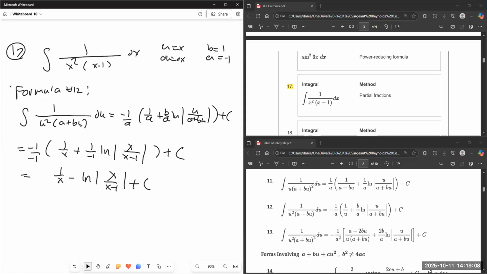And we can make that into a ln of x minus 1 over x, plus 1 over x, plus c.